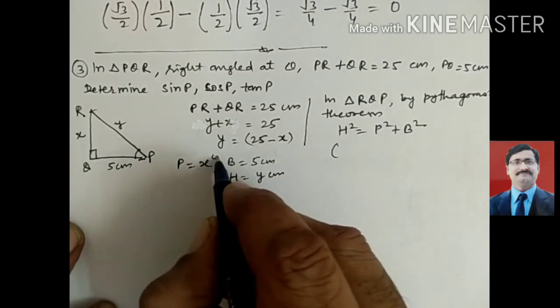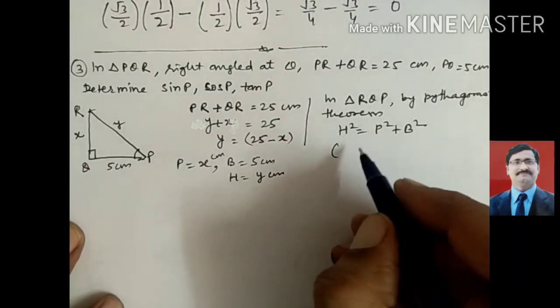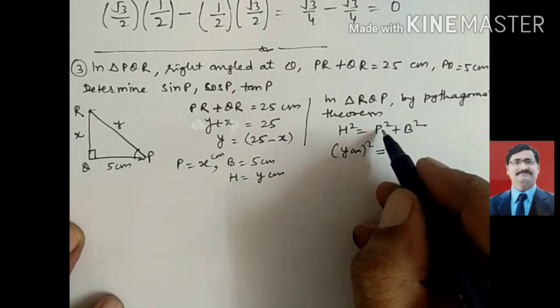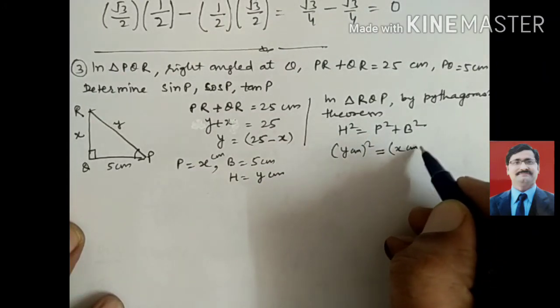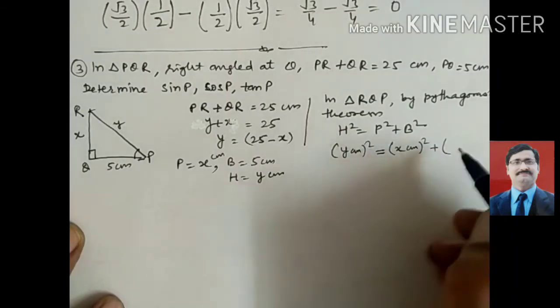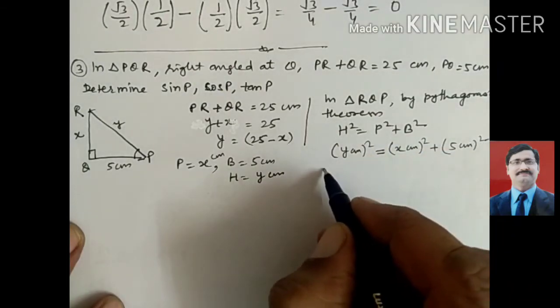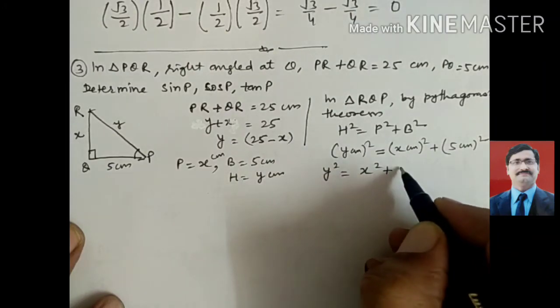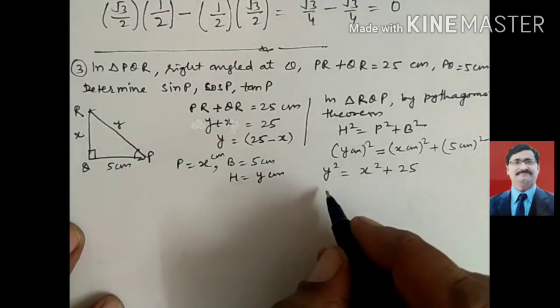These are all in centimeters. So you can put all these values here. Hypotenuse is Y centimeter square, perpendicular is X centimeter whole square and base is 5 centimeter whole square. Now Y square equal to X square plus 5 square is 25. The centimeter you can cancel once.